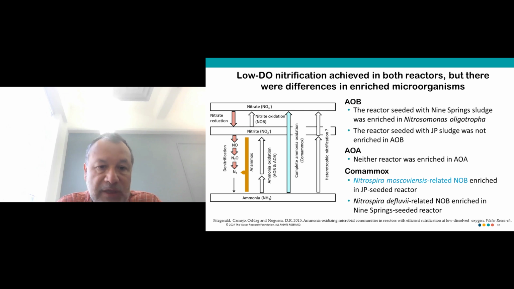So there is strong evidence here that comammox could have been the organism doing low DO activities at this Jefferson's Peak plant. And also that we didn't enrich for that type of organism.